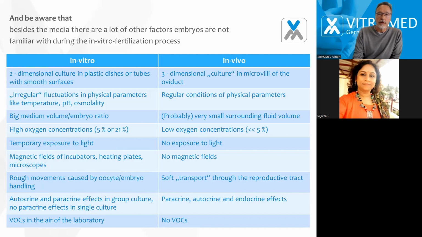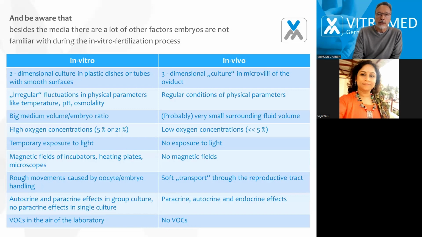In the body, you have regular conditions of physical parameters through the whole development from the 1-cell stage until the baby. We use big medium volume to embryo ratios compared to the natural situation. Probably the surrounding of the embryo regarding the fluid it is in is very, very small.